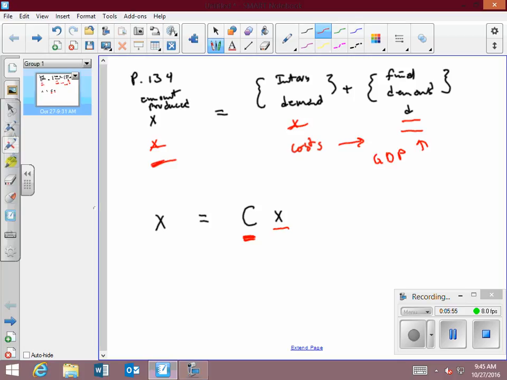And then the D, which is the final demand, which is consumers, government, net exports, and investment. So that's what that's going to be.